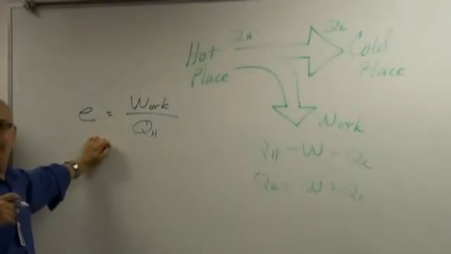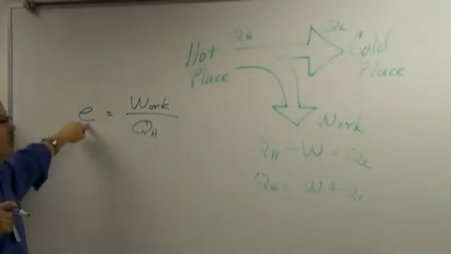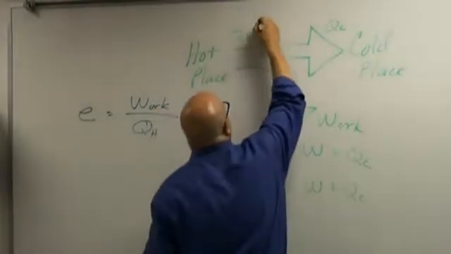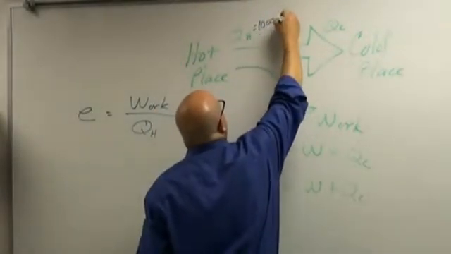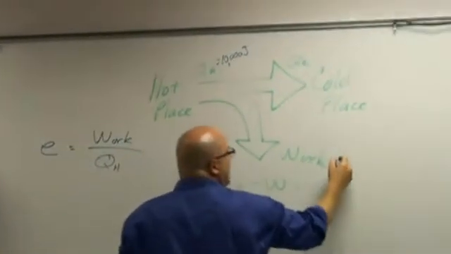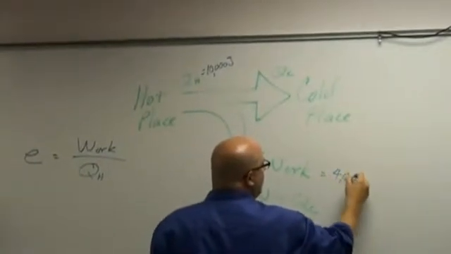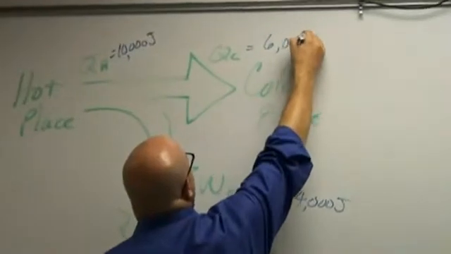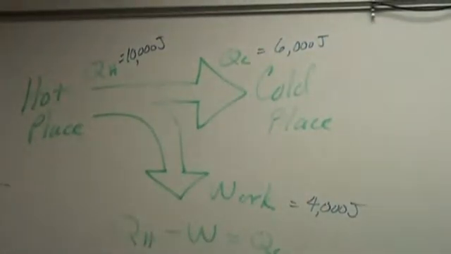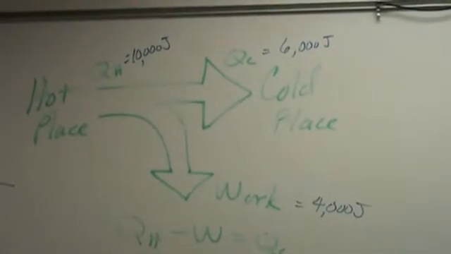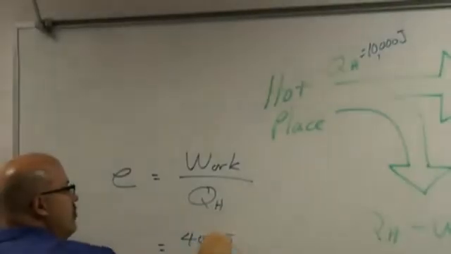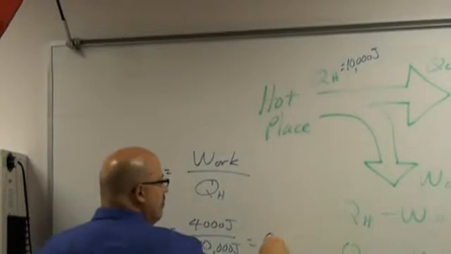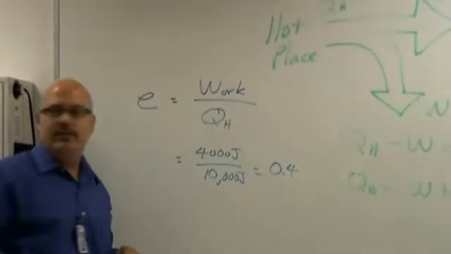Now you can change it to percent if you'd like, but you don't want to use percent when you're solving this problem. Say you start with 10,000 joules of energy and you get 4,000 joules of work out. That means there is 6,000 joules of wasted heat, and our efficiency would be 4,000 joules divided by 10,000 joules, which gives me 0.4 efficiency.